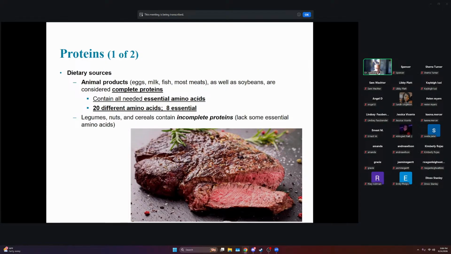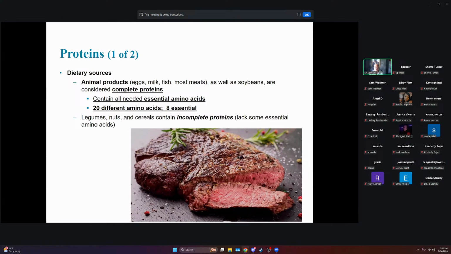Well, this is where we'll go a little deeper into that. There are 20 different specific types of amino acids, and it just has to do with their chemical composition, okay? However, of those 20, only 8 of our amino acid protein monomers are absolutely required, essential for our survival, okay?